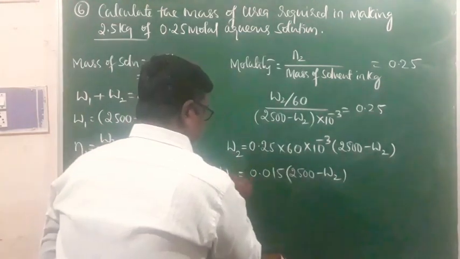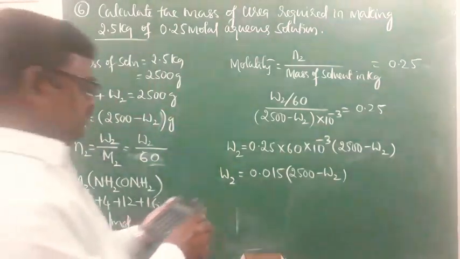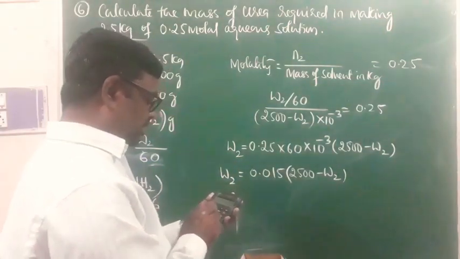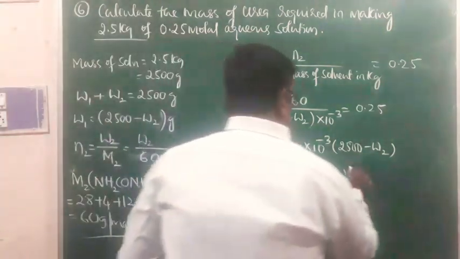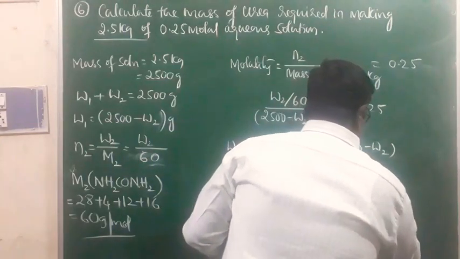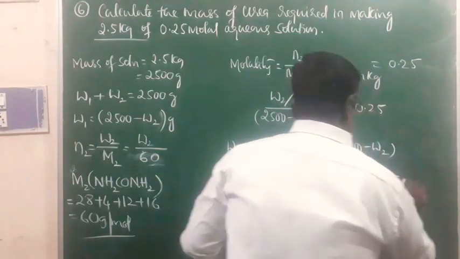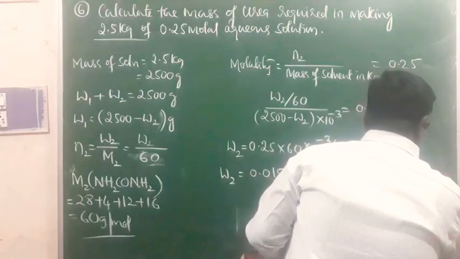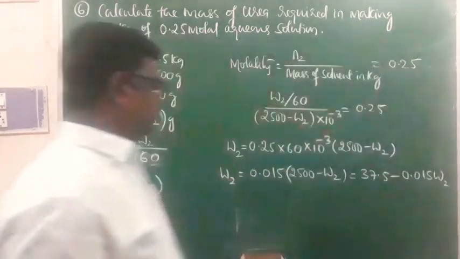This is also W2, remember that. Now multiply into 2500, that is equal to 37.5 minus 0.015 into W2, right? I multiplied.